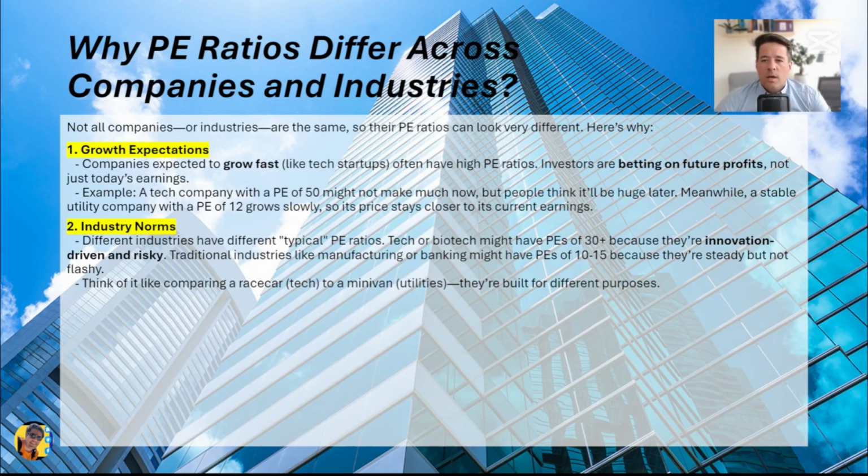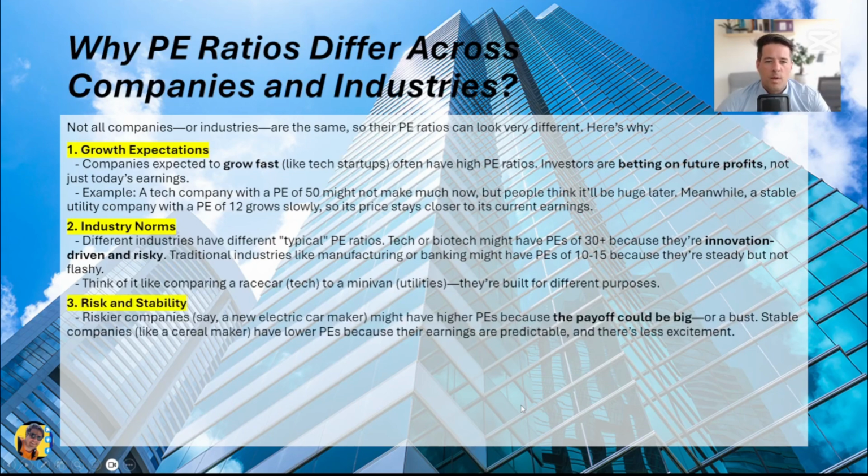But these types of companies, and I'm talking, for instance, about tech or biotech, innovate a lot and do a lot of research, and therefore normally their PE ratio is also higher. These companies are riskier, and risk and stability have an impact on the PE ratio as well. Riskier companies likely have a higher PE ratio, because the more risk they take, the bigger the payoff may be.